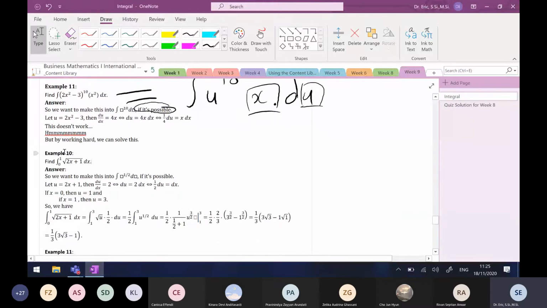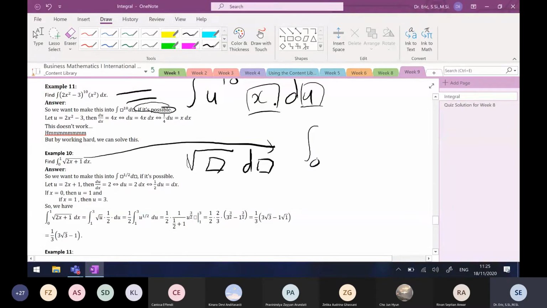Let's look at example 10. This is the integral from 0 to 1 of square root of 2x plus 1 dx. We want to make this into the integral of square root of box, d box. Don't forget, if this is d box, this is dx, a different variable. Look at this, 2x plus 1 and x.